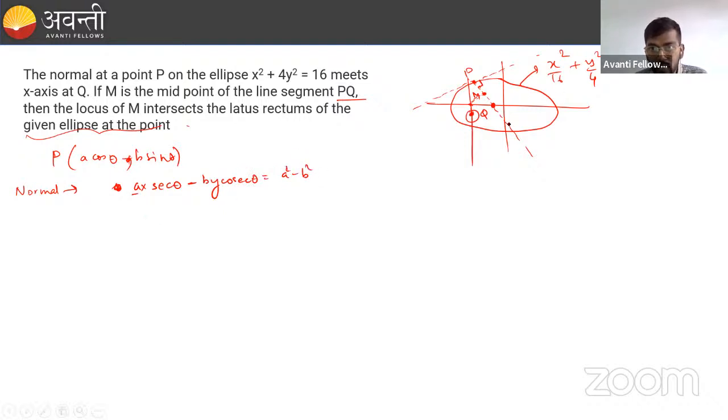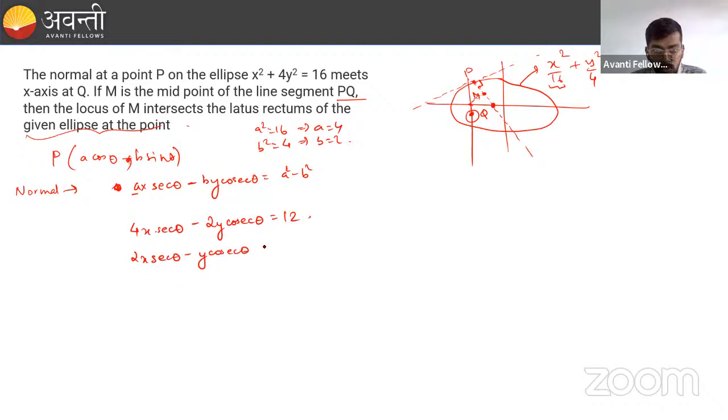We can see here a square is 16, which makes a equal to 4. B square is 4, so b equals 2. So we'll write 4x sec theta minus 2y cosec theta equals a square minus b square, 16 minus 4 is 12. So this will be further reduced to 2x sec theta minus y cosec theta equals 6. So we got the equation of the normal.